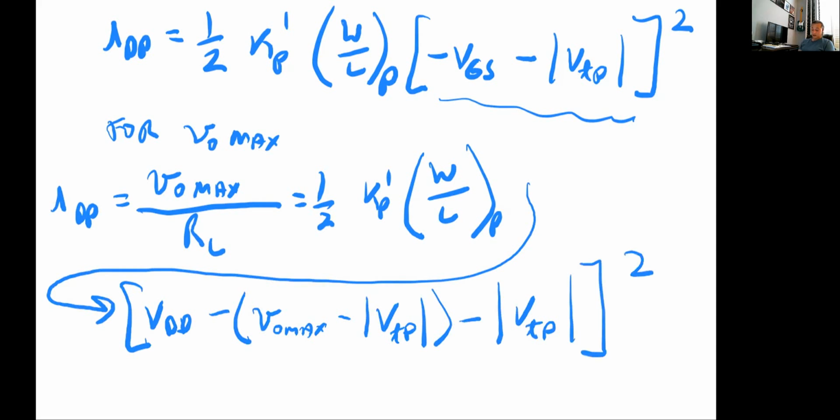Okay, so that gives me essentially a nice quadratic equation on VO max. So that's going to be VO max divided by... So now I'm going to be working with kilo ohms, milliamps, and volts.